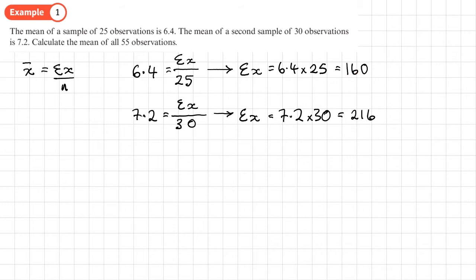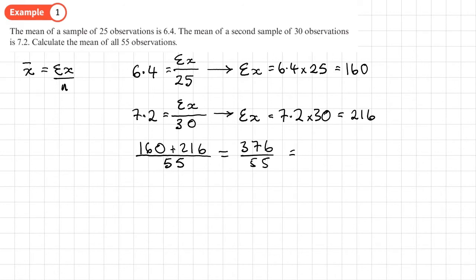So now we can work out the mean of all 55 observations, because we know the total for all 55 observations, and that was 160 plus 216 divided by the 55 observations. So that's 376 divided by 55.